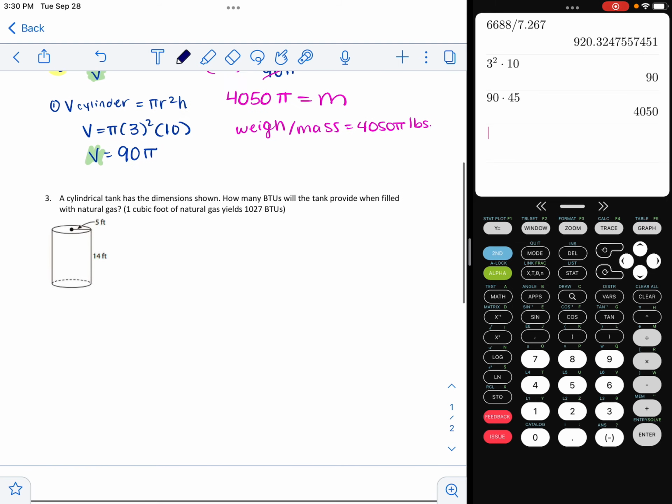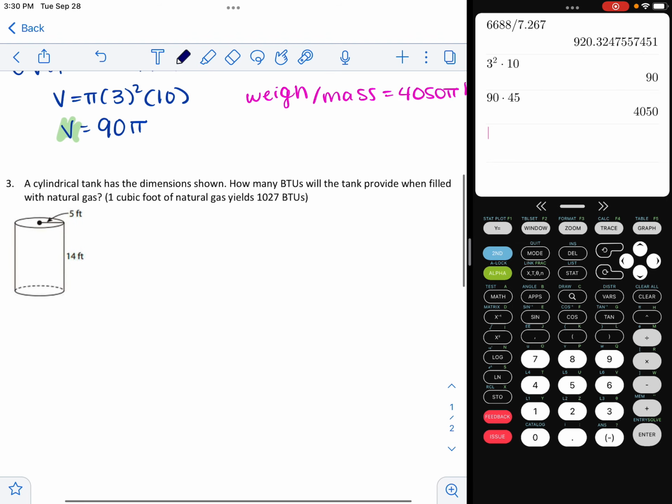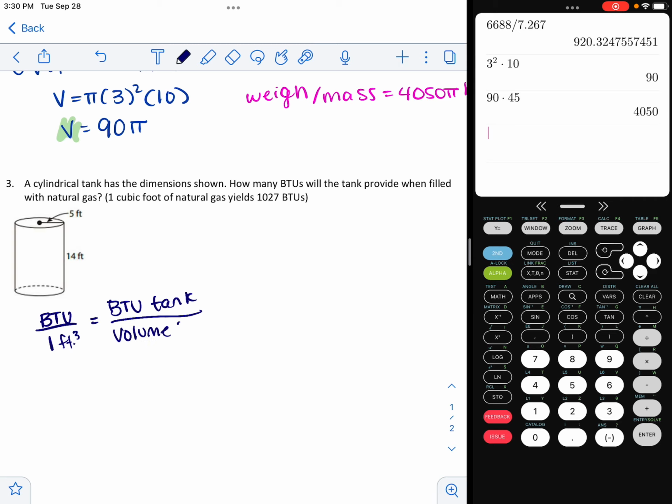Okay, so now the last one. This is one of those BTU problems. So remember, for this equation, our formula is the BTU per 1 of whatever our units is, probably always cubic feet, equals the BTUs in your tank over the volume of the tank.